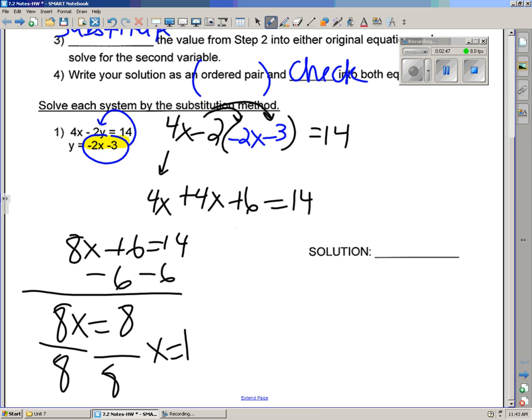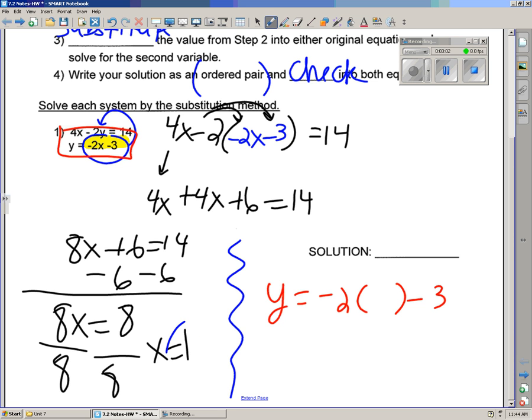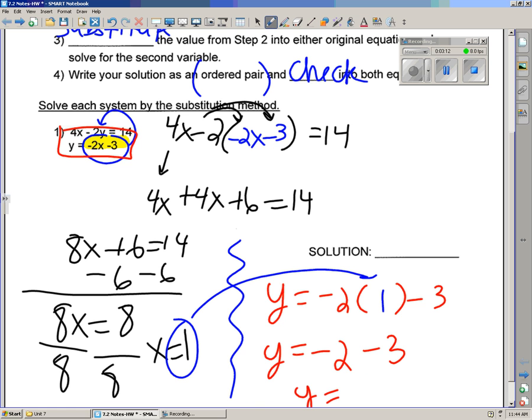Now you're going to substitute again. You're going to pick either the top equation or the bottom equation. I'm going to go for the bottom. My bottom equation is y equals -2x minus 3. Well, I just found that x was 1, so that's what I'm going to plug in here. When I do the math, I get y equals -2 times 1, -2, minus 3, or y equals -5.